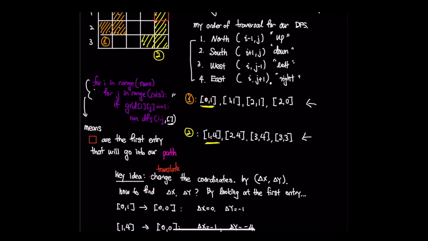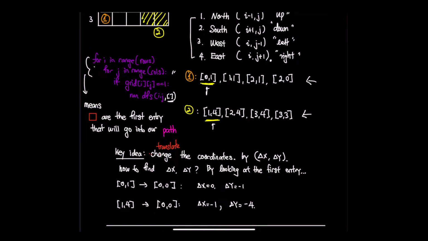The way I did it is I changed this 0, 1 and 1, 4 into this guy, 0, 0. So we have to find out how much we have to move horizontally and then vertically. That's given by delta x, delta y. Once we find delta x, delta y, we apply that to the remaining coordinates.